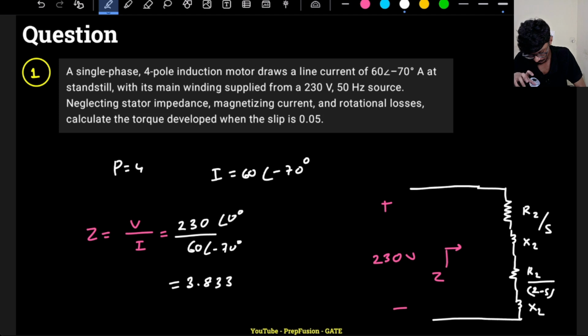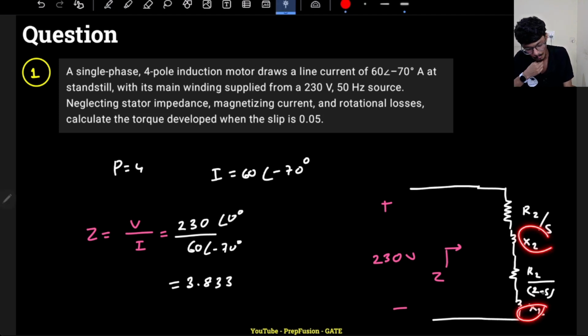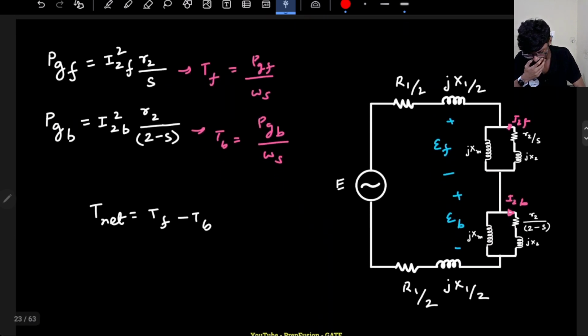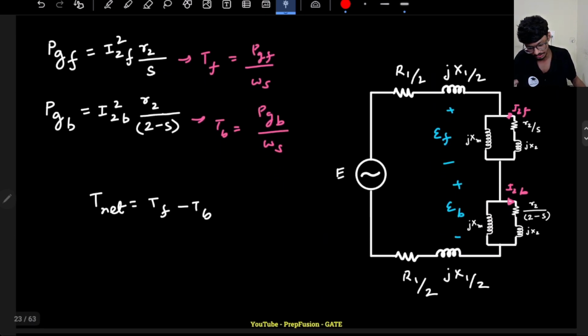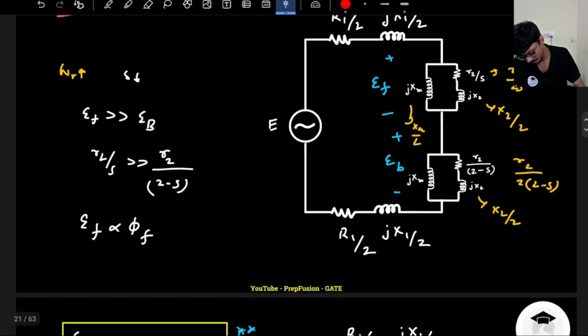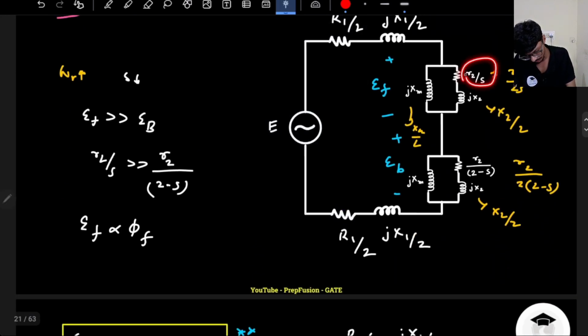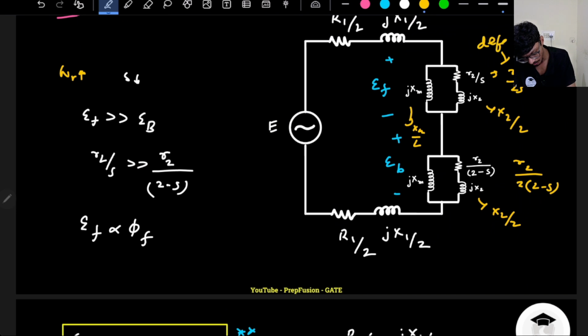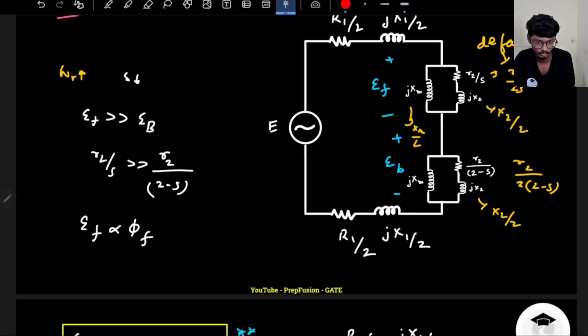Now it's very important to understand, they should have shown you the equivalent circuit. Sometimes in the equivalent circuit it is x2 divided by 2, r2 divided by 2, and sometimes it is just r2. In the solution they have assumed r2 divided by 2, so the best thing is to assume the equivalent circuit to be divided by 2. By default you choose r2 divided by 2s, r2 divided by 2 minus s, x2 divided by 2, if nothing is mentioned, because there is confusion. Both are fine, but they should provide the circuit.